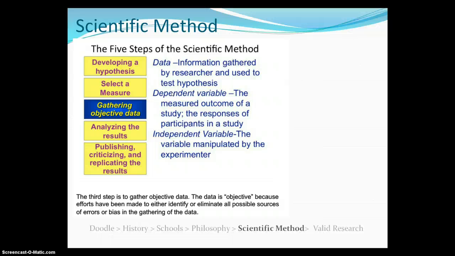So again, dependent variables are those things that we measure, that we don't change directly, that we don't manipulate. Independent variables are those things that are manipulated. So our data comes from the dependent variable, and our experiment is done with the independent variable.